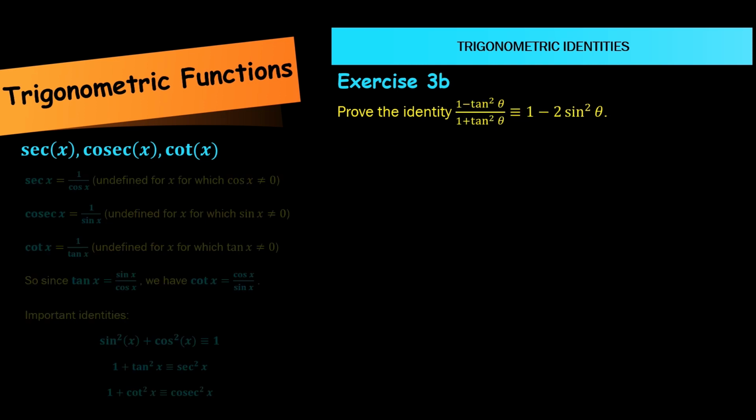And now for part B. We are required to prove the identity (1 minus tan squared) all over (1 plus tan squared) is identical to 1 minus 2 sine squared. So let's prove this. We're going to begin with the left-hand side and start to simplify it.